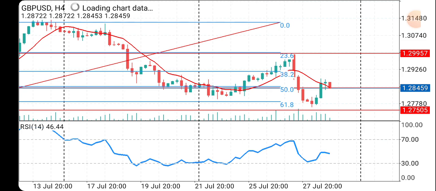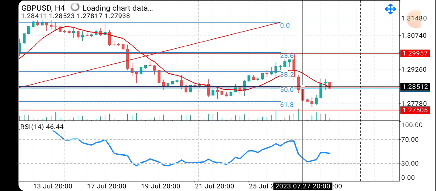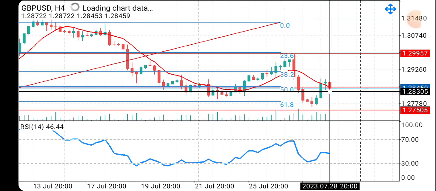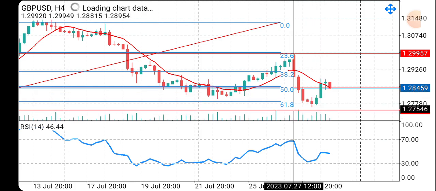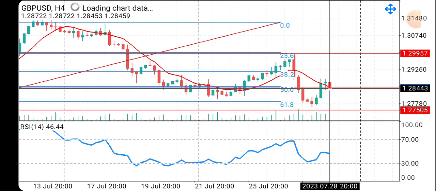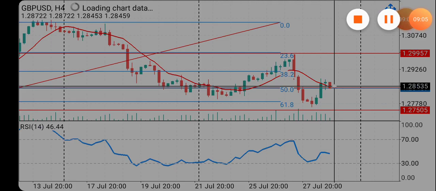If the price retraces to this point but does not exceed the 61% retracement point, and then continues upward, forming another bullish engulfing candle, we will be taking a buy trade.